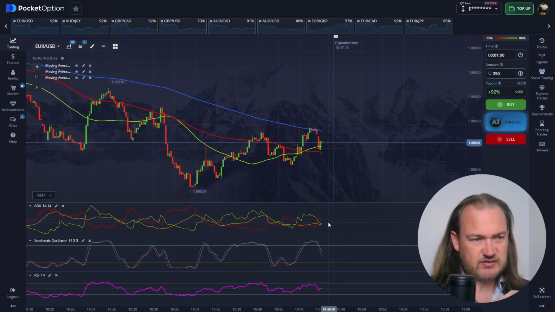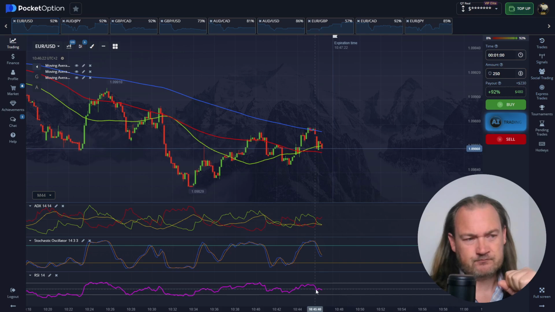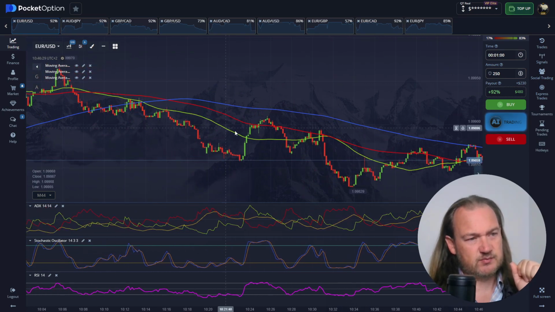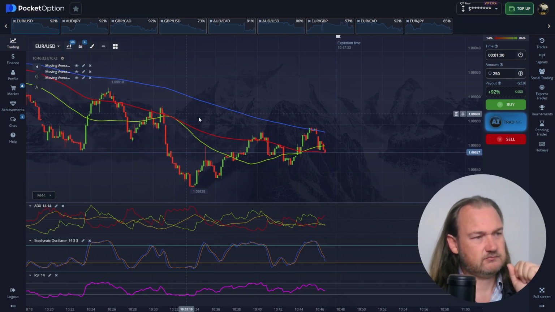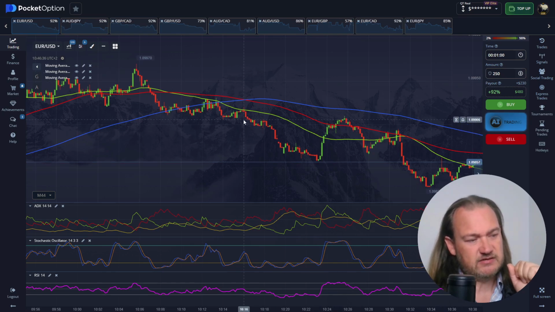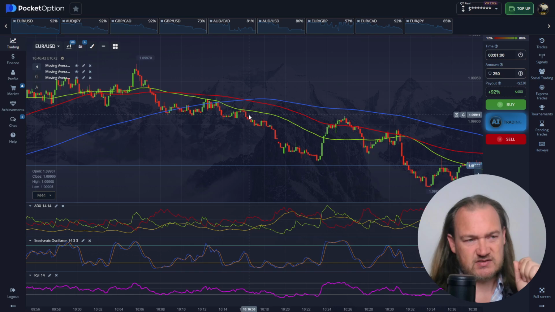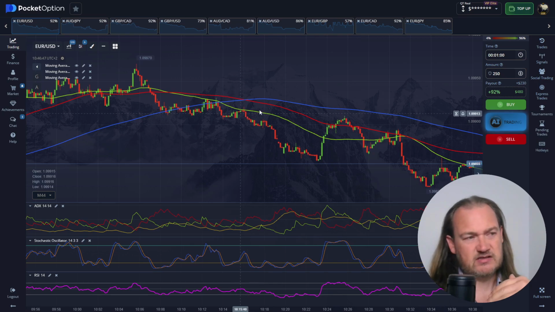Third strategy I'm going to be using involves the RSI. We're going to look for areas where price is trending, like this price was trending down here. What I look for is areas where price moves back to the moving averages, which I then use as resistance in this case, or support if price is moving above it.